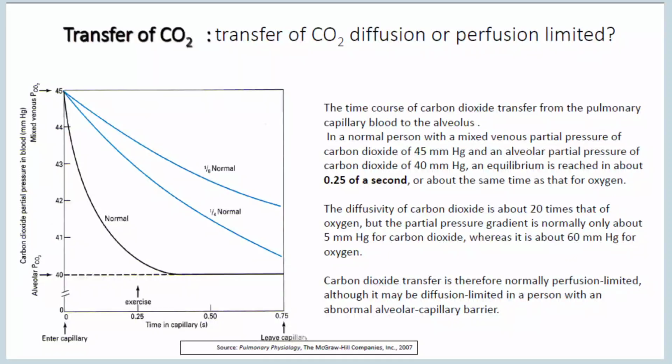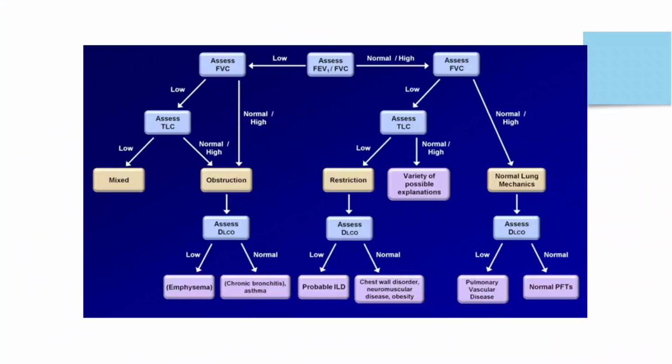So carbon dioxide transfer is normally perfusion limited, although it may be diffusion limited in a person with an abnormal alveolo-capillary barrier. So this diffusion capacity is required because we can properly diagnose obstructive and restrictive lung disease by measuring the value of DLCO. If we find obstructive lung disease, to pinpoint the cause of this obstruction, we look at the DLCO: if the DLCO value is low, then we can call it due to emphysema.